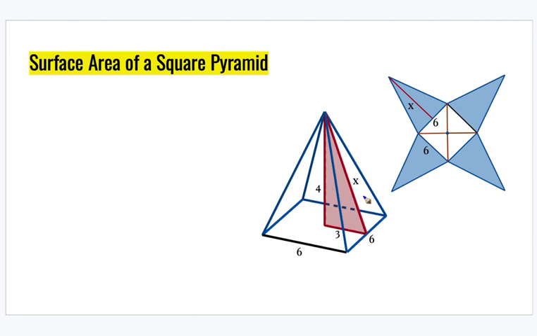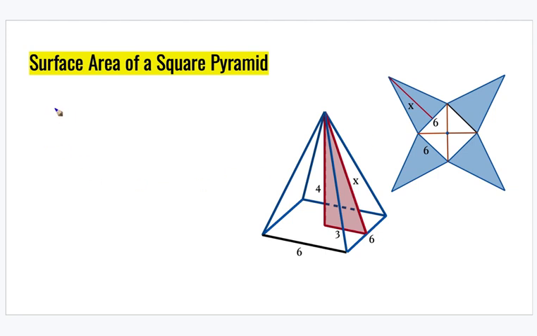Now the first thing to do is to find the height of the triangular surface, which forms a right angle triangle with the height of the pyramid. This height here is the height of the triangular face, and the base here is 6.